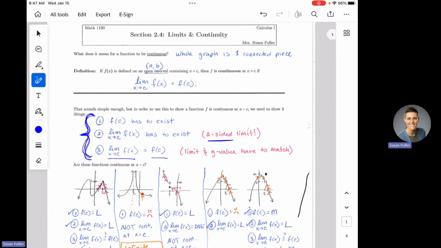But when you do your work, if I say show something is continuous or is this continuous here, you have to show me which of these breaks down. These should be in your notes, and you should be using this checklist to help you figure out if things are continuous or not continuous.